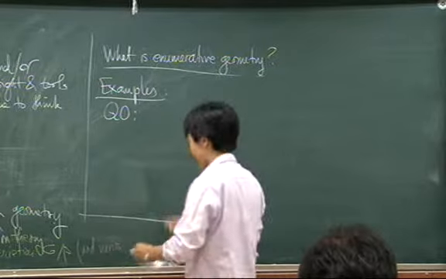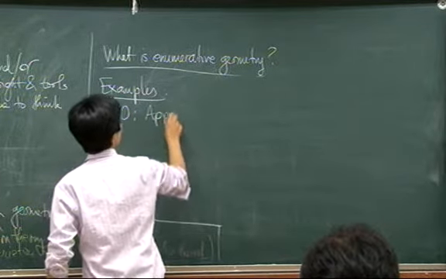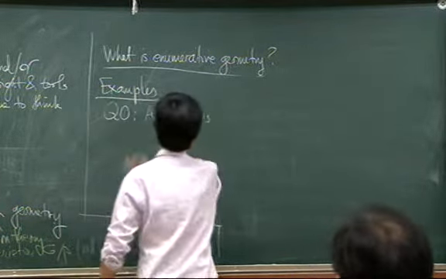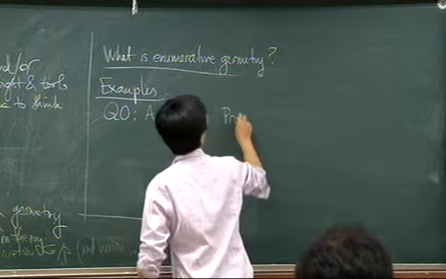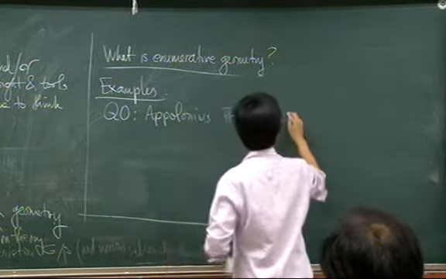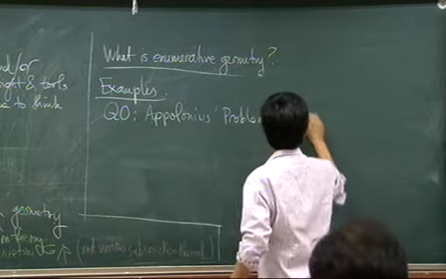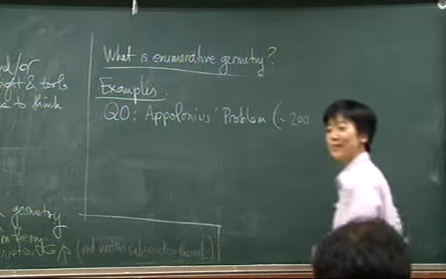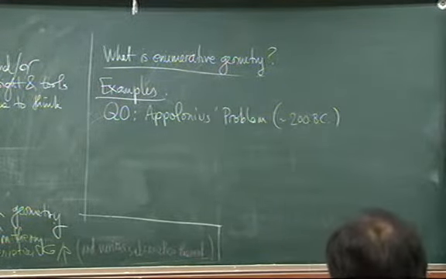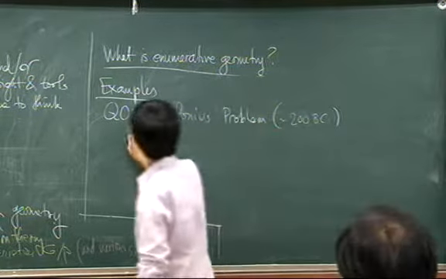Here's an example, from a long time ago. Anyway, here's the question: how many circles are tangent to three given circles in the plane?